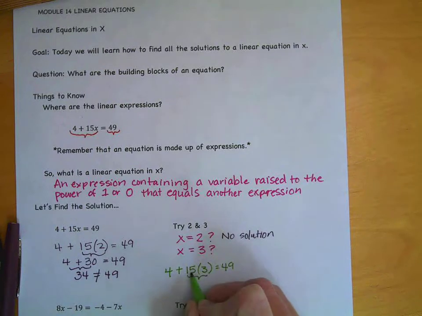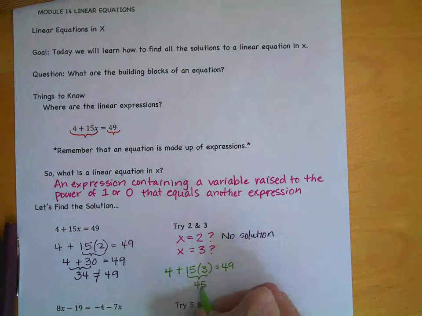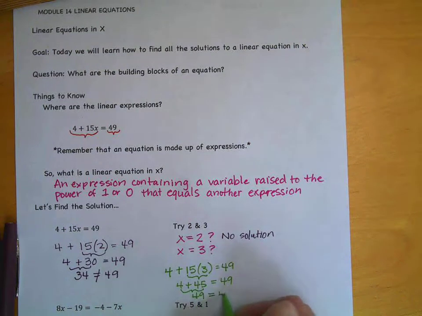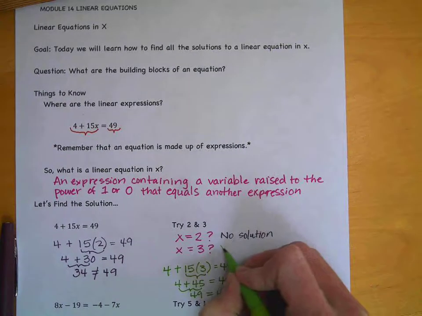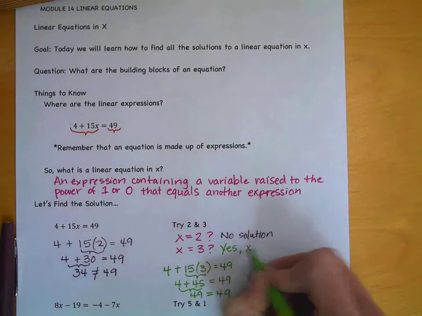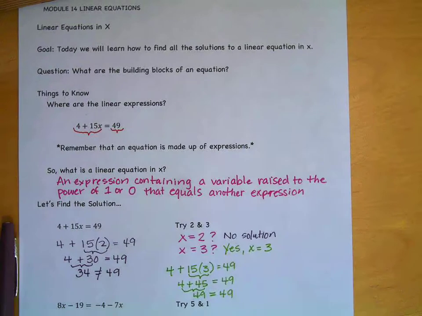Multiplication before adding, so 15 times 3 is actually 45, plus 4. We have 45 plus 4 equals 49, and now we see that 49 equals 49, so we would say yes, x equals 3.